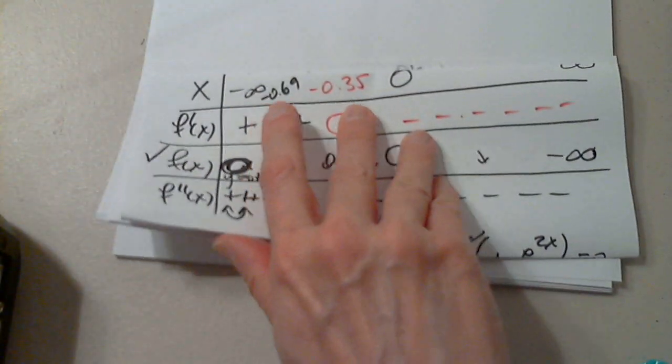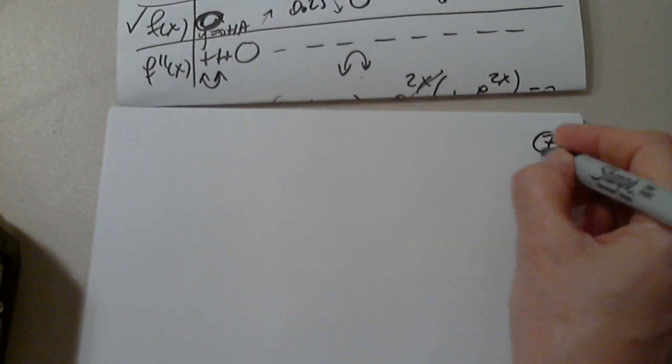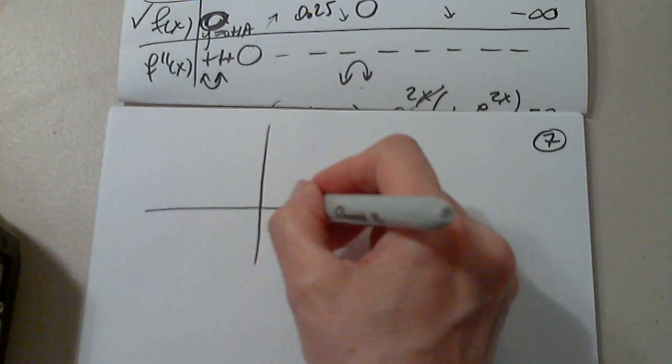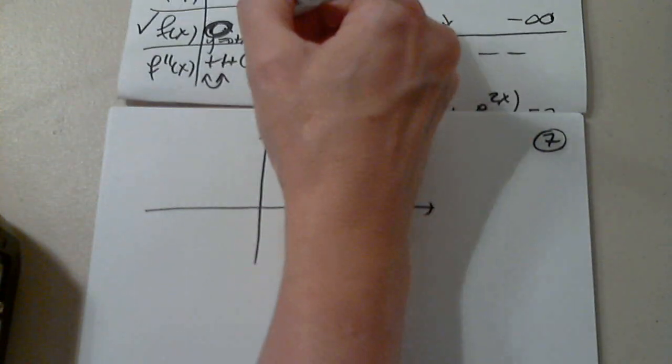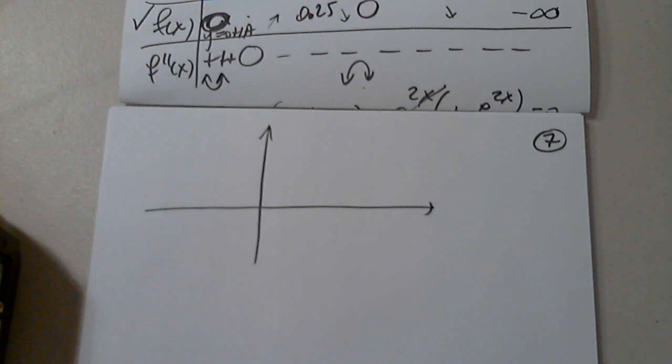This is it. And based on this, and I think I'm on page 7, yes. Based on this, I'm ready to graph. How will I plot? I need to determine the function value at negative 0.69, without which I cannot plot.